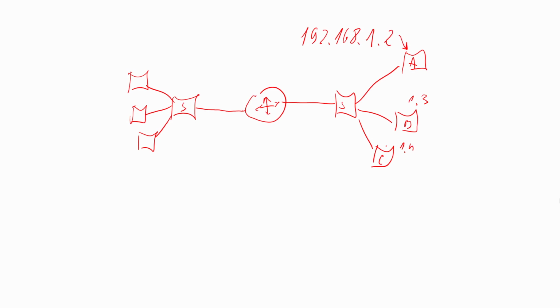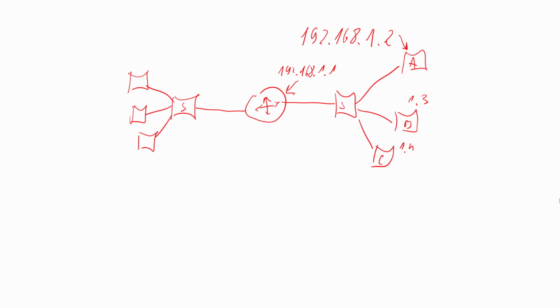And as I mentioned previously, usually for routers, for gateways, we give the first address or the last address in the subnet. So for the router we give 1.1.